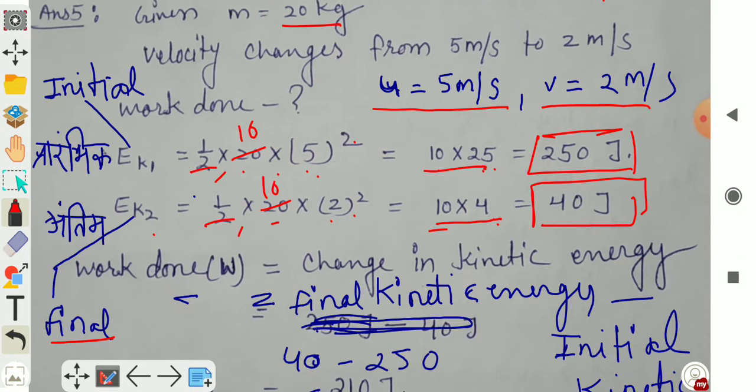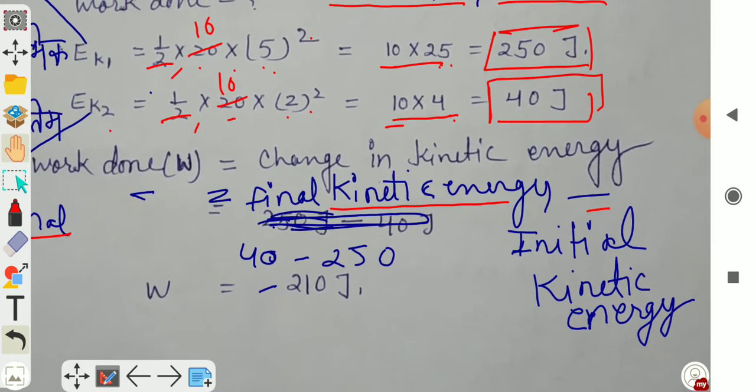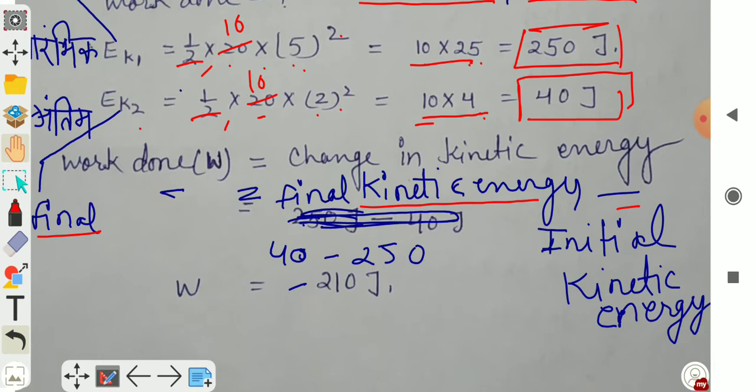You know work done is equal to change in kinetic energy: final kinetic energy minus initial kinetic energy. Final kinetic energy is 40 and initial kinetic energy is 250.